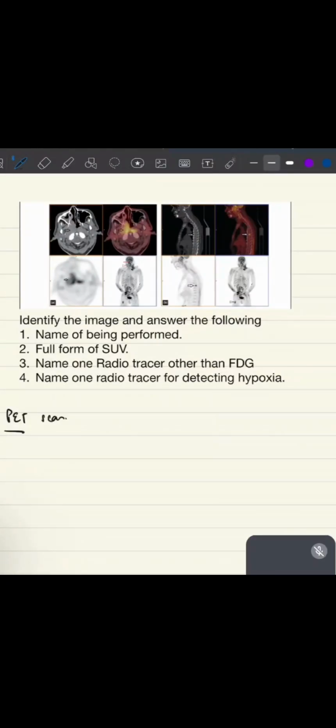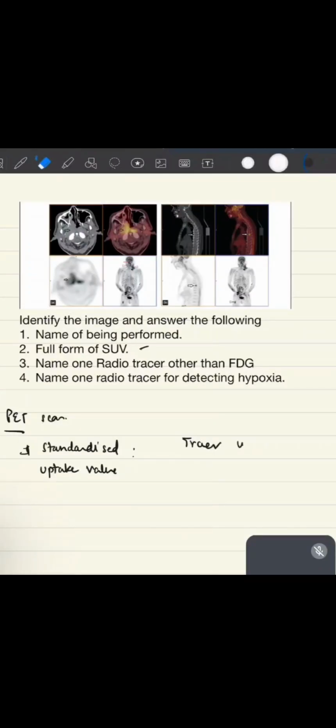Now they are asking the full form of SUV. SUV is basically standardized uptake value. This is an easy one. They might even ask you how to calculate SUV. So remember this formula. This is from Scott only.